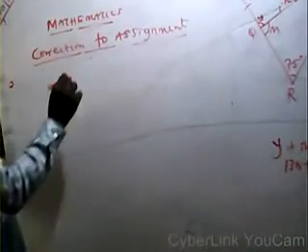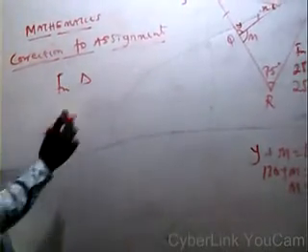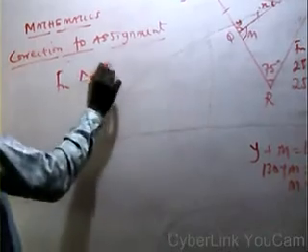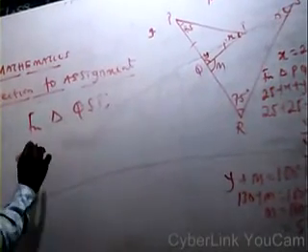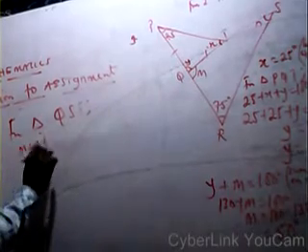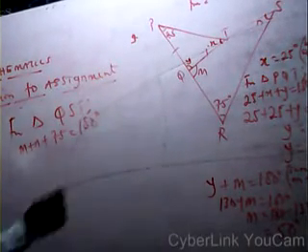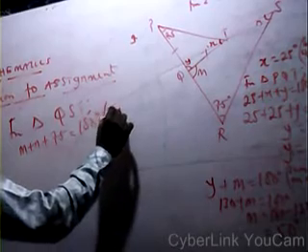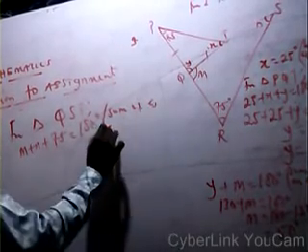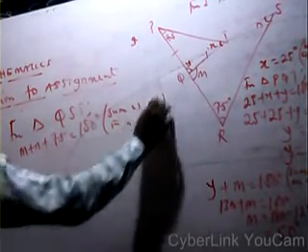We say, in triangle QST, we have m plus n plus 75 equals 180 degrees, because it is the sum of angles in a triangle.